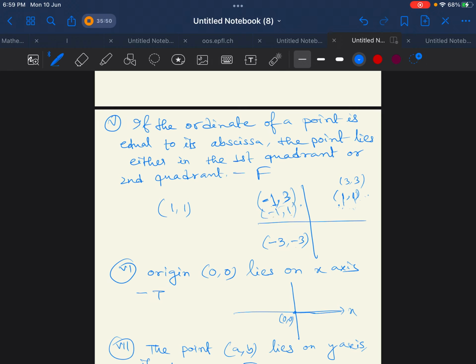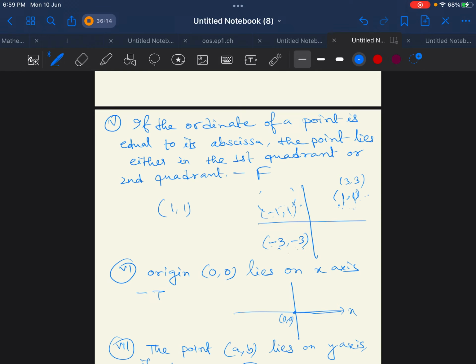But if we take a point (-3, -3), then the ordinate and the abscissa are equal.